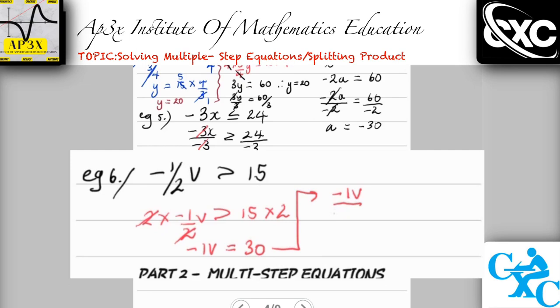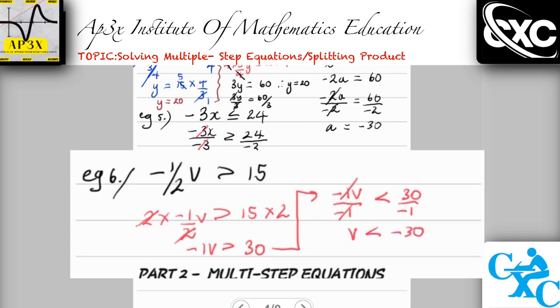So minus 1v divided by minus 1, I made an error here, it is not equal, it is greater than. Now I'm dividing both sides by minus 1, so I have to reverse the sign: less than 30 divided by minus 1. So v is less than minus 30.